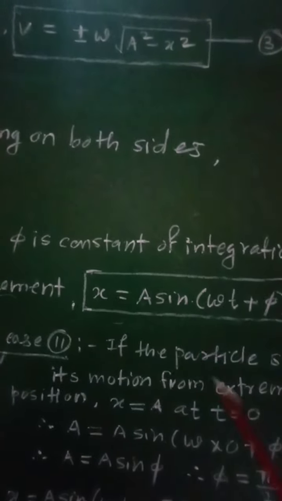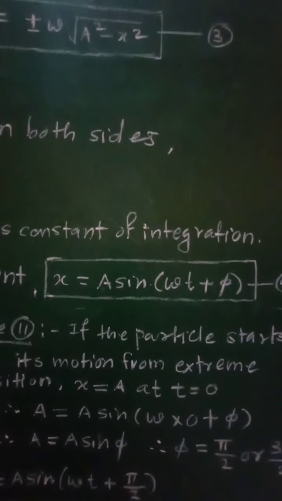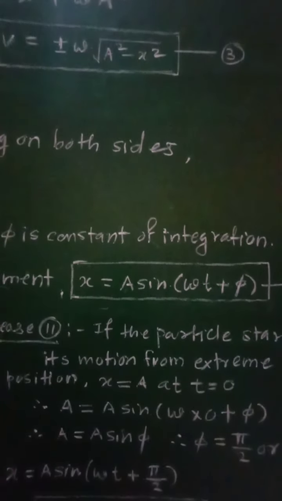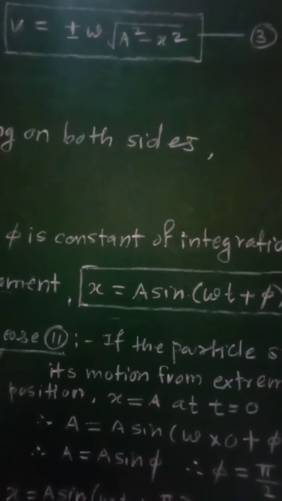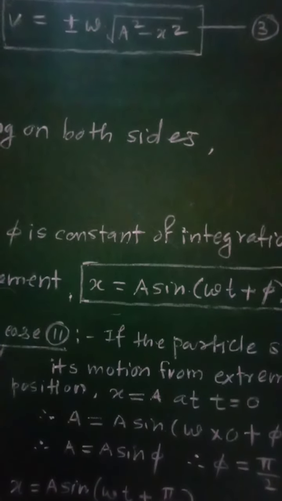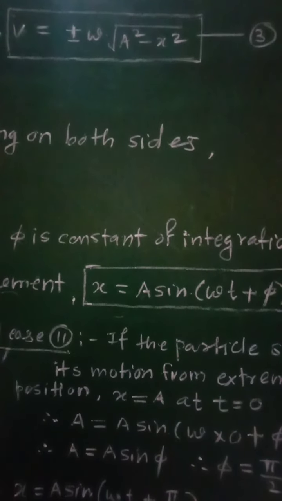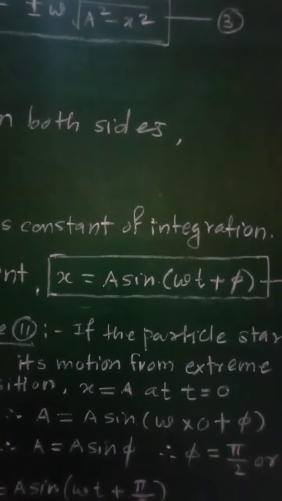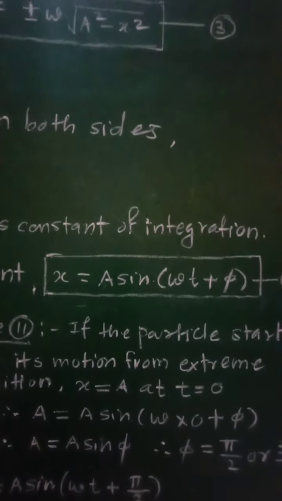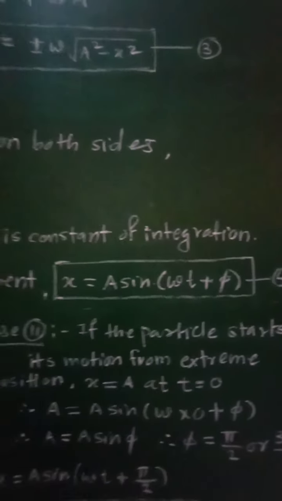So this fourth equation represents the displacement of the particle performing linear SHM. So in this way, acceleration is minus omega square x, velocity is plus minus omega root of a square minus x square, and displacement x is equal to a sine omega t plus phi. This is regarding the expressions for acceleration, velocity and displacement of the particle performing linear SHM.